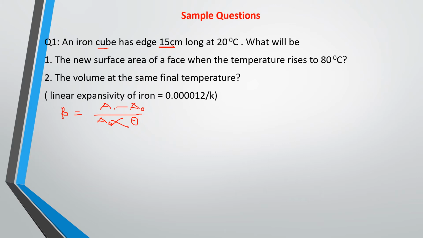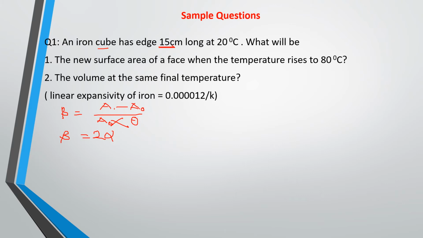Okay, this is the equation we have. We also have that area expansivity is equal to 2 times linear expansivity. So take note of this equation so that let us now bring out this information from the question that is given to us.